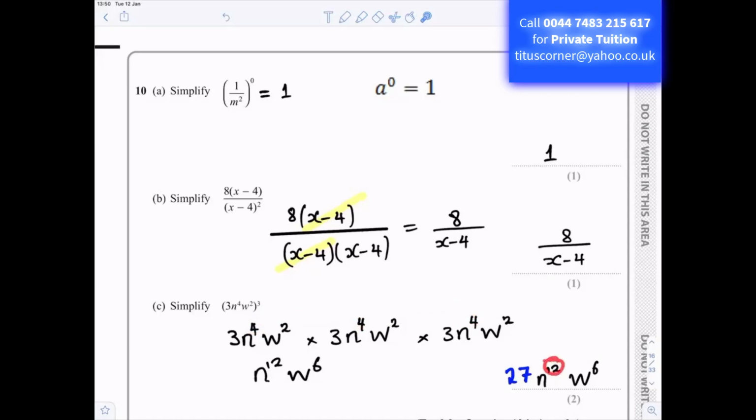It gives you n to the power 12. w squared times w squared times w squared: you add the powers 2, 4, 6. So it's w to the power 6. And 3 times 3 is 9, 9 times 3 is 27. So your answer is 27 n to the 12 w to the 6.